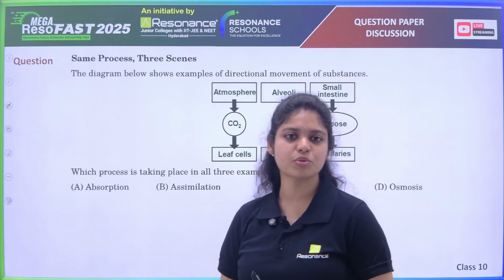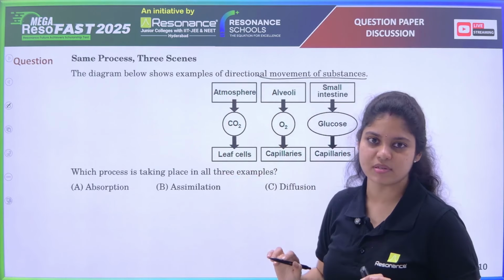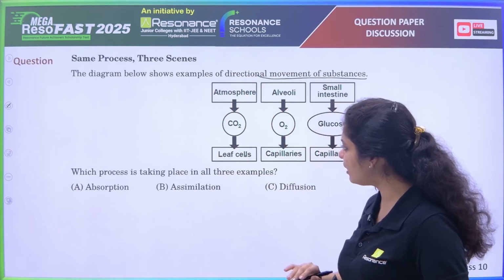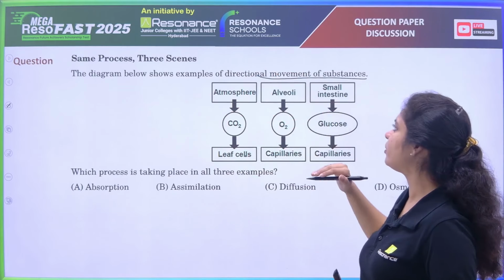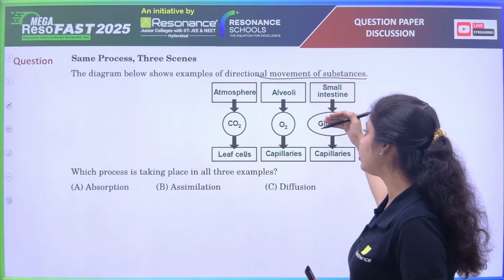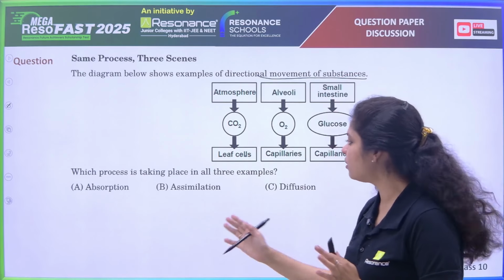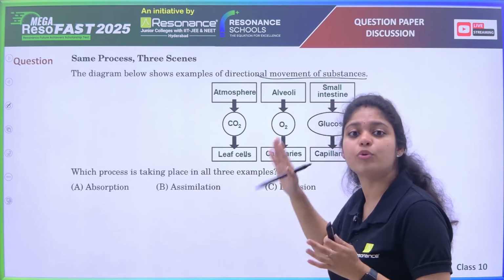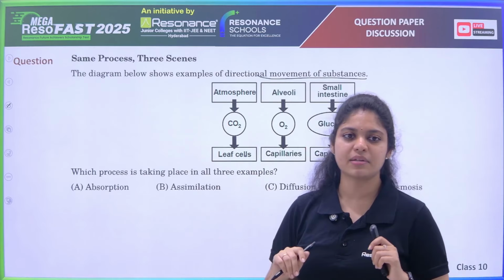Coming to the next question, this is showing the directional movement of substances. From the atmosphere, CO2 is moving into the leaf cells. From the alveoli, O2 is moving into the capillaries. From the small intestine, glucose is moving again into the capillaries. What is the common example? These three would be the example of which of the following physiological mechanisms.